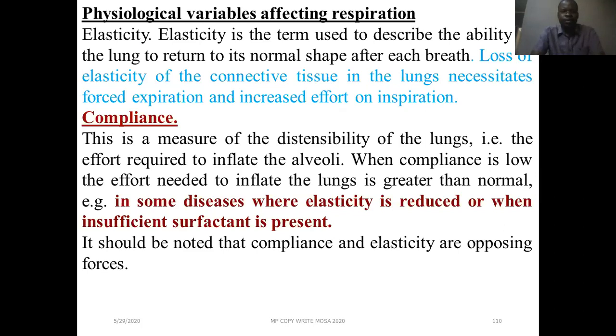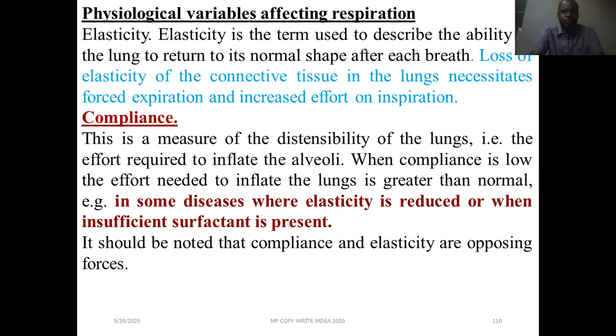So when the lungs start to become hard, that can affect the process of respiration because they will lose their normal elasticity when breathing. So this has to be there throughout so that normal breathing is not affected in any way.